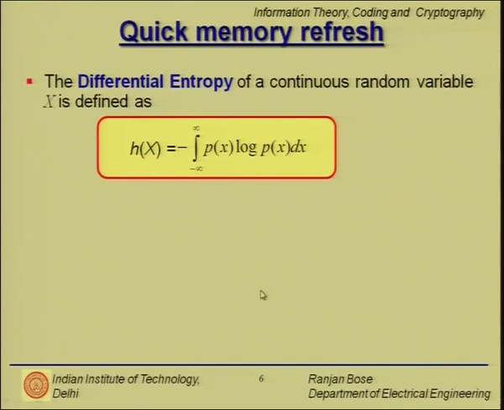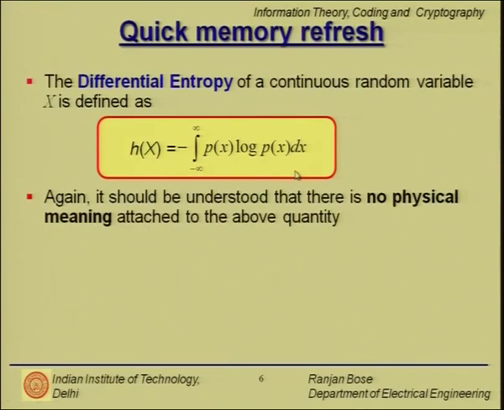We then moved to continuous random variables, where we defined the differential entropy denoted by small h(X) as follows. But we emphasized again and again that there is no physical meaning attached to it.